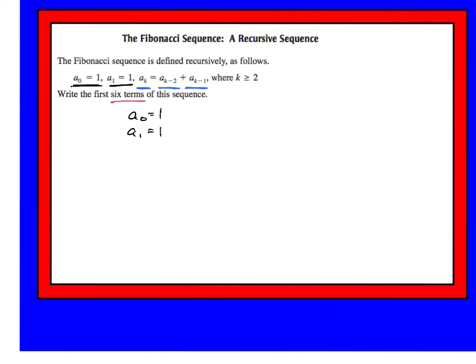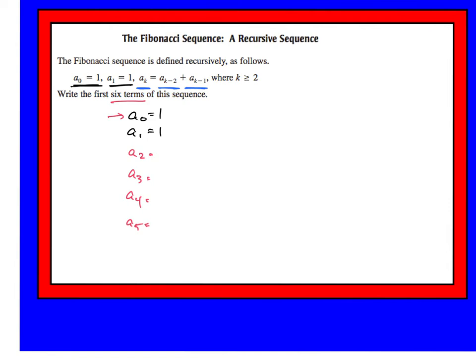All right, so what do we actually need to go to? We need to get to the first 6 terms, but it starts at 0. We need to get to a sub 5. All right, so I need a sub 2, I need a sub 3, I need a sub 4, and I need a sub 5. All right, so this is where we just follow the rule. So if I have a sub 2, okay, my k is now 2. Does that make sense? So all we're doing is just substituting in 2, basically.